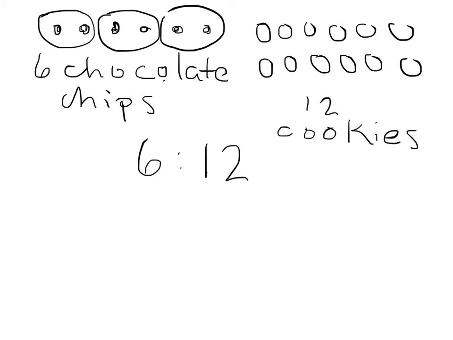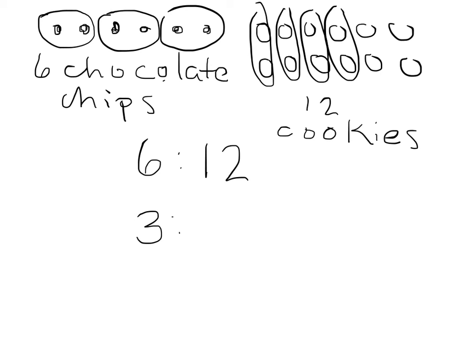So now all of a sudden I have a different grouping and that's going to be equivalent. I have 3 groups of chocolate chips, 2, 1, 2, 3, 4, 5, 6 cookies, right?